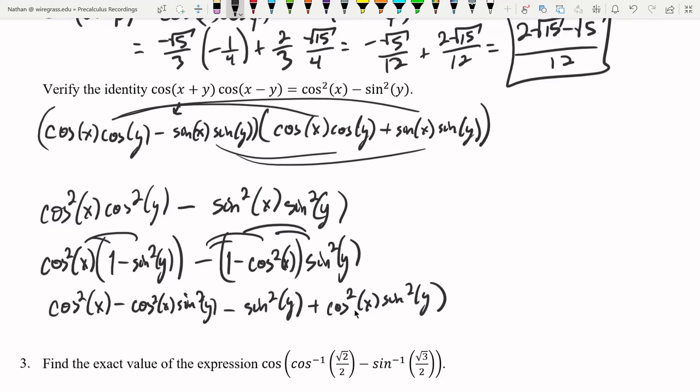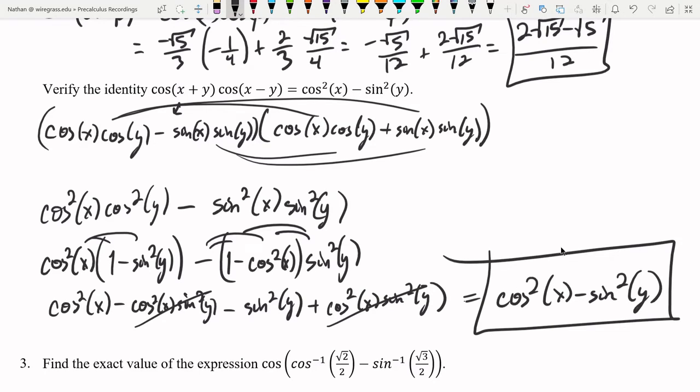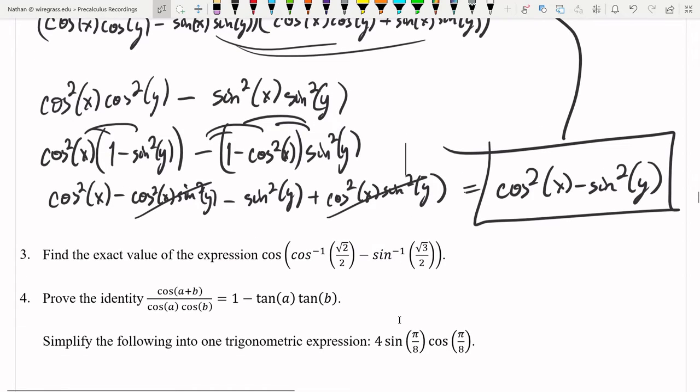And you can see this and this cancel, giving us cosine squared x minus sine squared y. That's exactly what we want. That's this statement right there. Okay, give it a try in number 3 and 4.